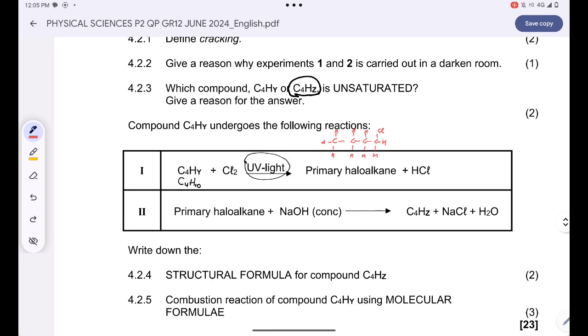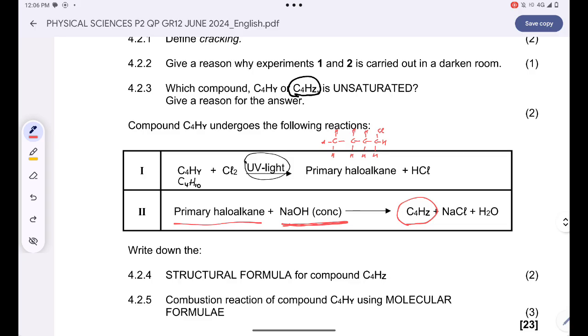Okay, and then now they're taking the primary haloalkane and reacting it with concentrated sodium hydroxide. Obviously, guys, if you take a haloalkane and react it with concentrated sodium hydroxide, we are eliminating. We'll end up forming compound Z, which is an alkene. Are you together?